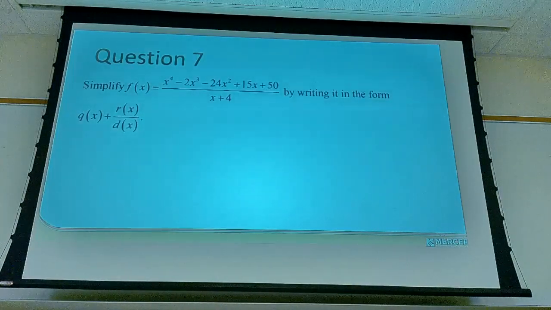What's the divisor? X plus 4. Can we use synthetic? Yes. What is K? -4. Now list out your coefficients. 1, -2, -24, 15, 15.